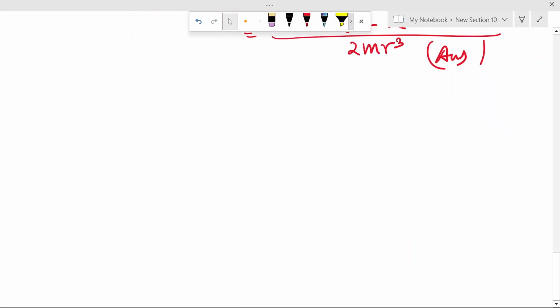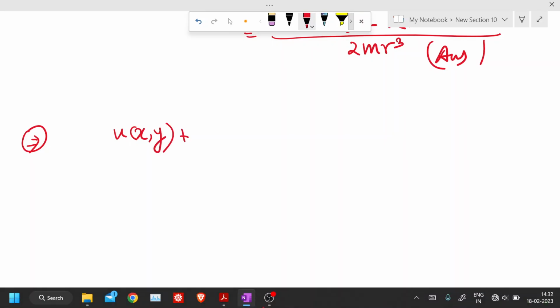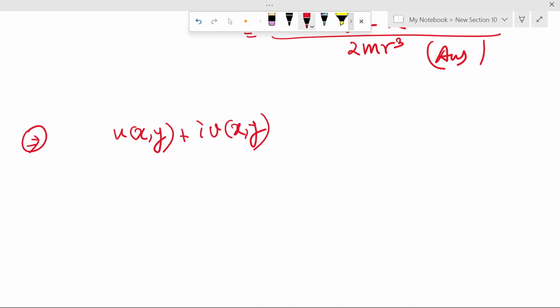Okay. Now there comes another simple question. This is also a basic question that you learn while studying complex functions: when is a complex function analytic? This is simply the Cauchy-Riemann condition, right? If your function f of z is u of x, y plus i v of x, y in the complex z plane, like the xy plane, when is it analytic?